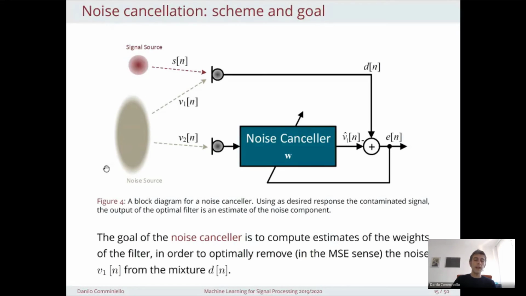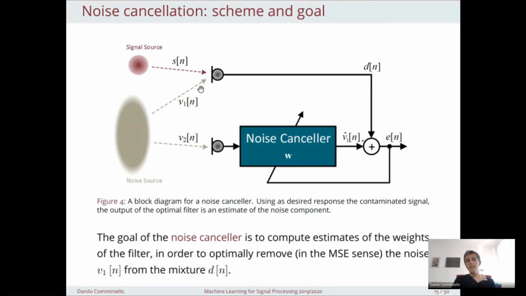So they both come from the same noise source. So you can use this signal in order to estimate the noise signal which is captured by the microphone signal. So you want to exploit this signal V2, and you can transform it by a noise canceller in order to estimate V1.